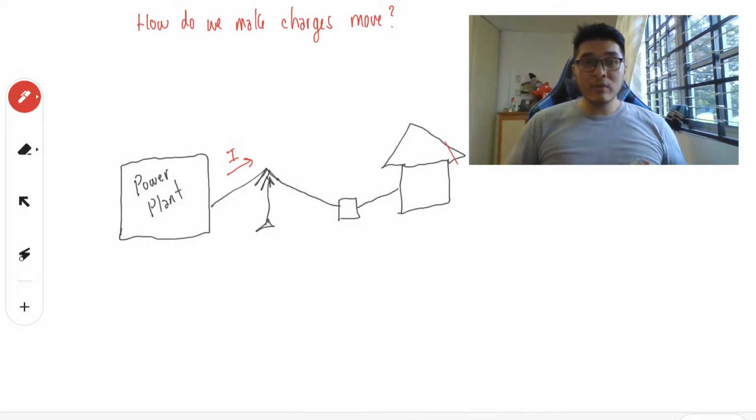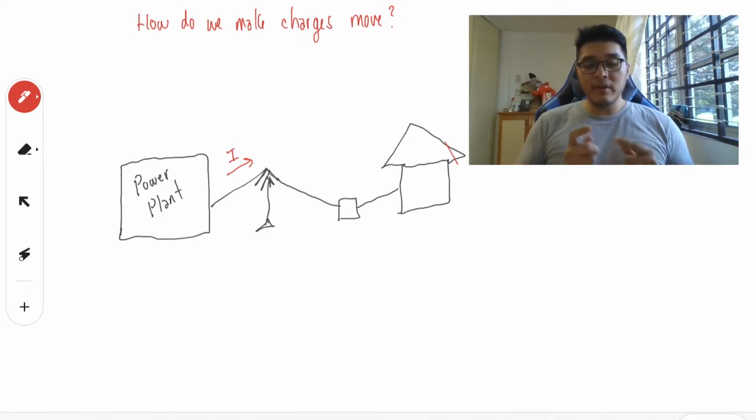Instead, think back to what we talked about in Unit 2. So how do we make a block move, the most exciting object in physics? Is force. Yeah, so whenever you want to make anything move, you need an unbalanced force acting on it.